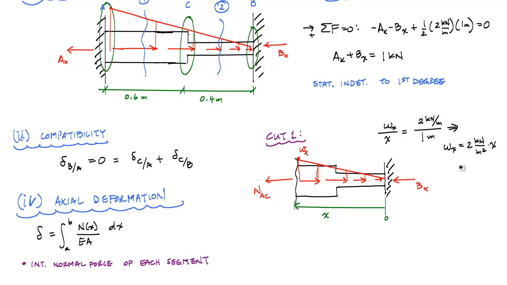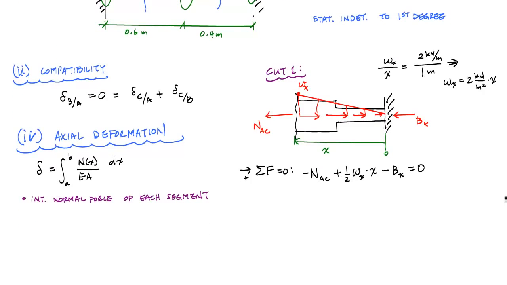And so now when I apply my equilibrium equation, I would say sum of the forces in the horizontal equals 0. I would have minus NAC plus 1/2 Wx times x, that's the area of this little triangle going on, minus Bx equals 0.